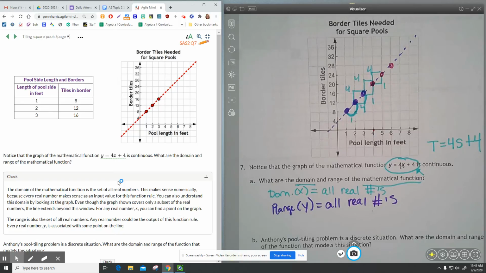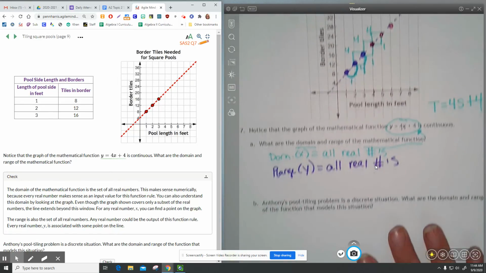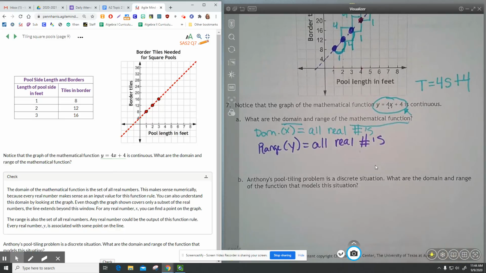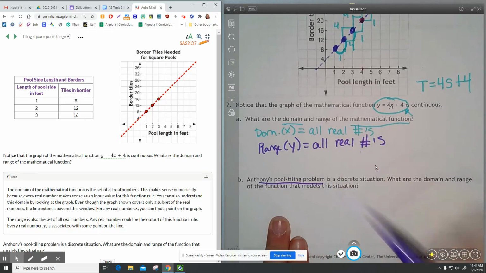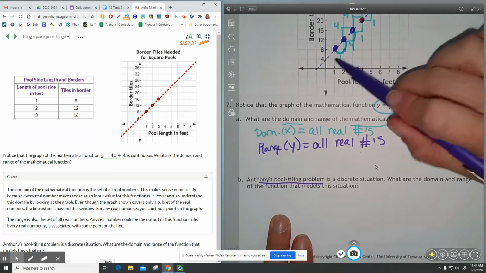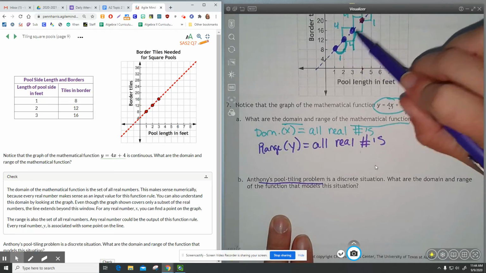However, we have some restrictions on this particular problem. So we're going to go down here and look at part B. They want to know specifically for Anthony's pool tiling problem. Okay, this is a discrete situation, meaning this is not a line. It is just data points.